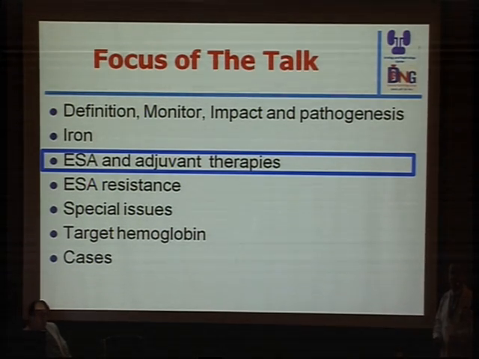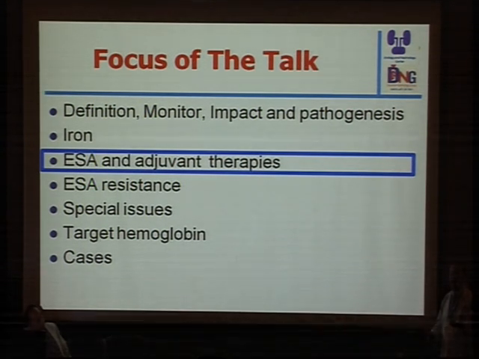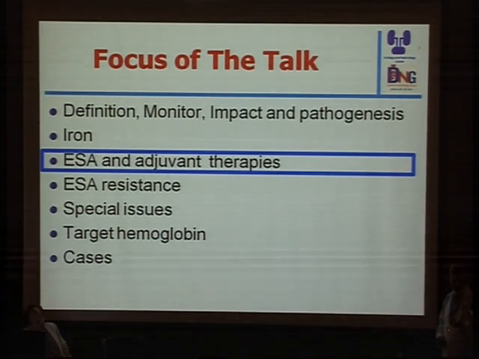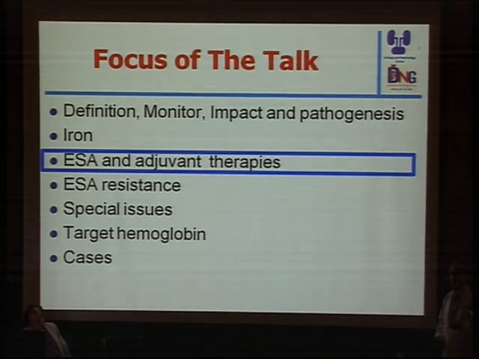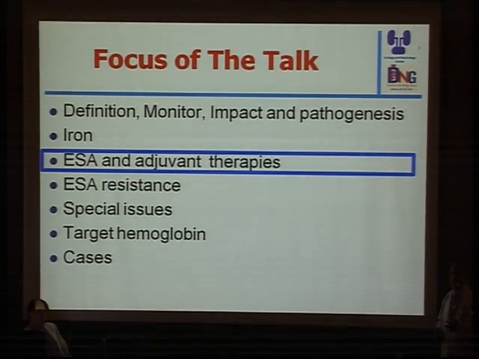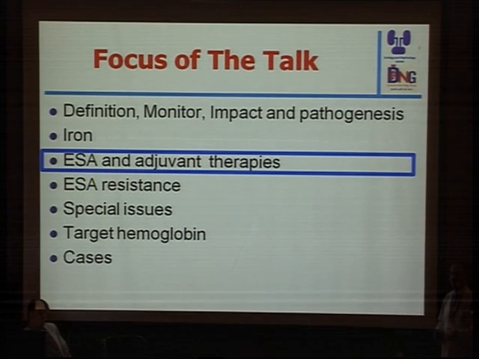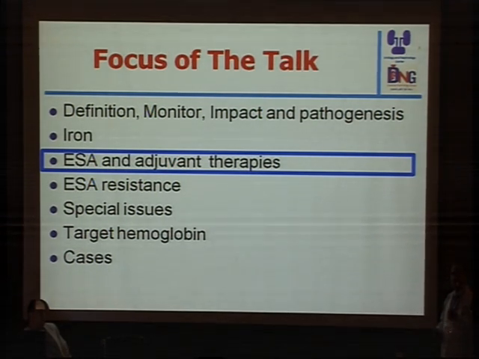In CKD, I give oral, then shift to parenteral iron if there is failure or intolerance of oral iron. If the patient is on hemodialysis, we know that the absorption is so bad, the bioavailability is so bad, and oral iron will increase gastrointestinal complications and side effects. So this is why in hemodialysis it is recommended to start with parenteral iron.